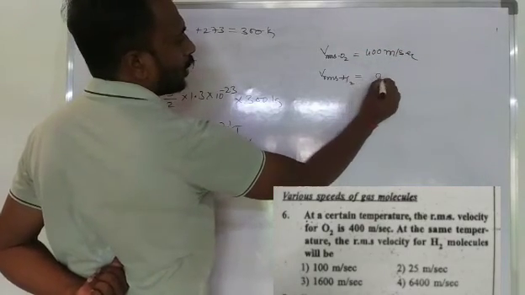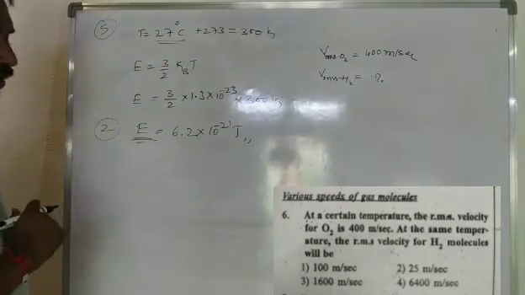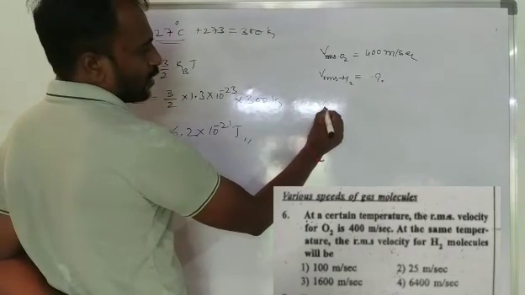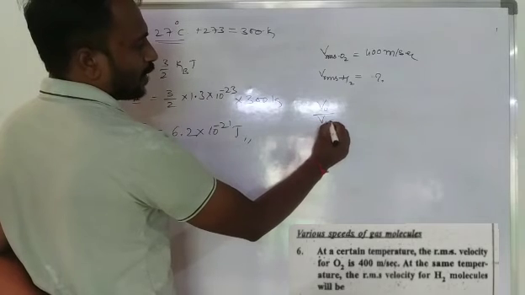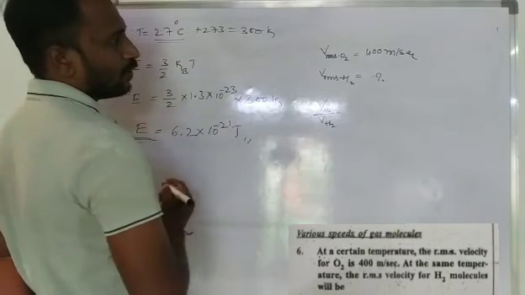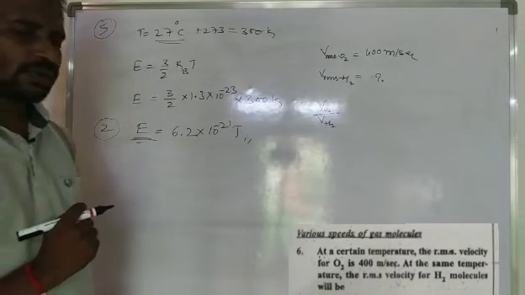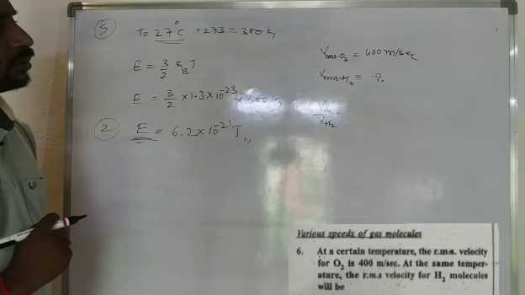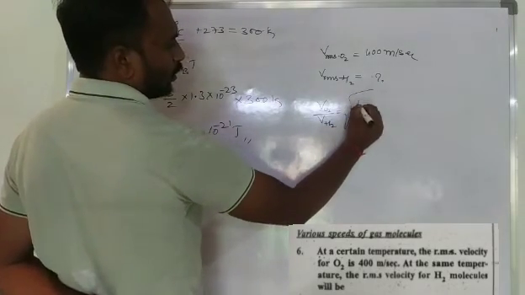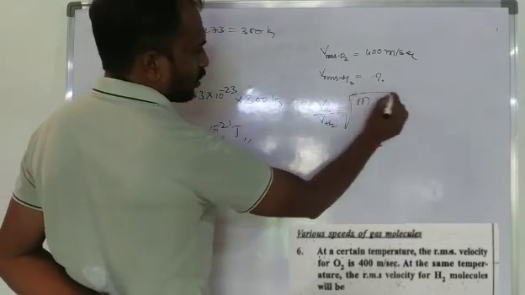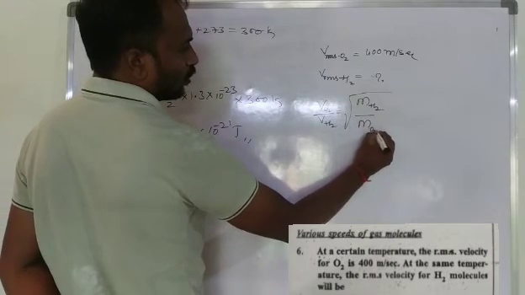Next we want to calculate the RMS velocity for hydrogen. Here we consider the RMS velocity ratio, RMS velocity for O2 and RMS velocity for H2, and we take the molecular mass for H2 and molecular mass for O2.